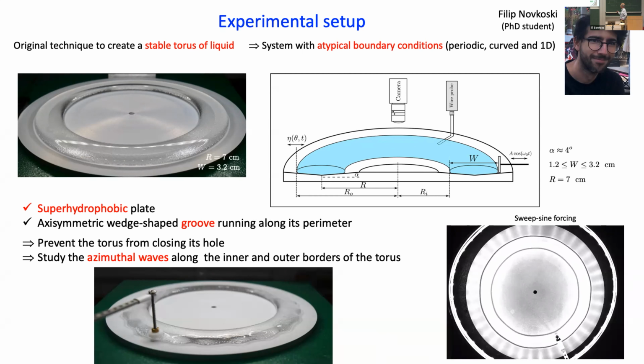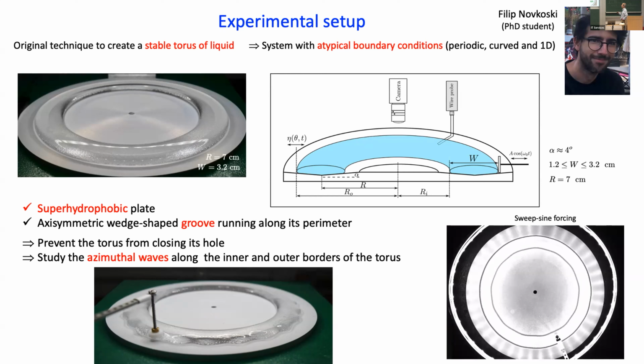The slope is quite slight, typically 4 degrees, and just by pouring water, we can change the width of the torus from 1 centimeter to 3 centimeters typically. The typical radius is 7 centimeters. By putting a camera at the top of the experiment, you can detect the outer boundary and the inner border of the torus.